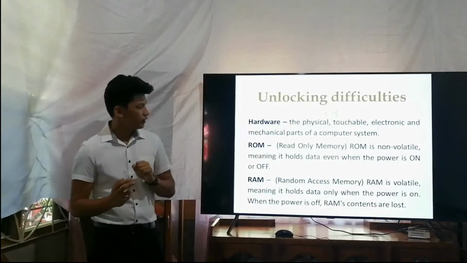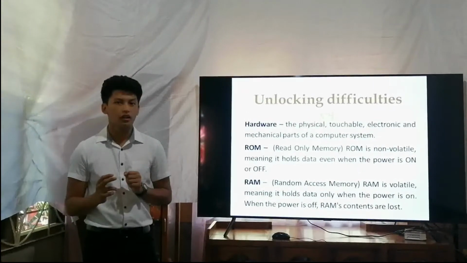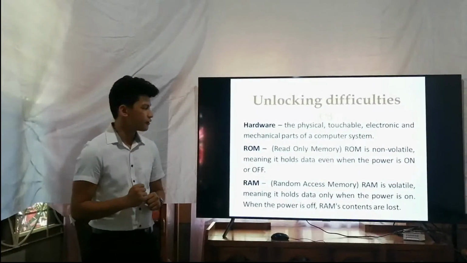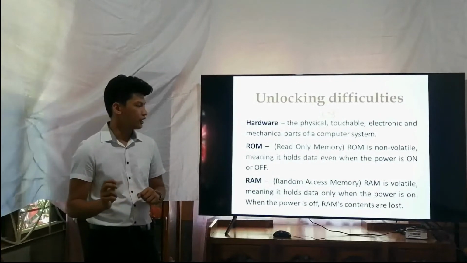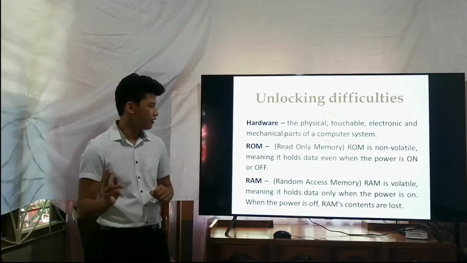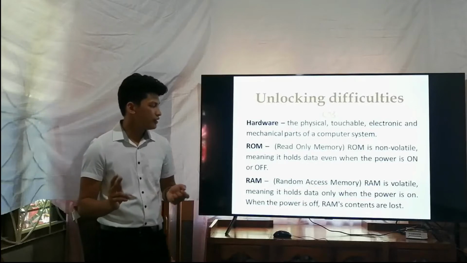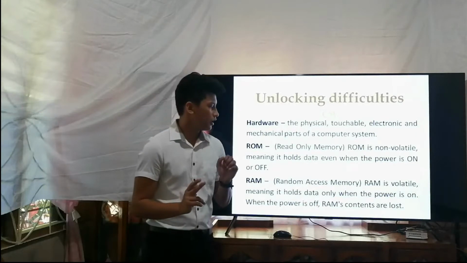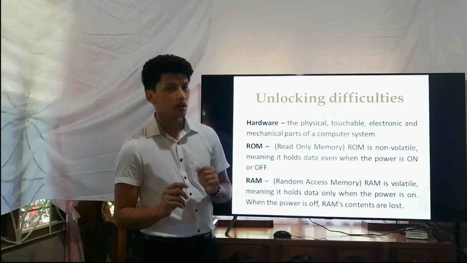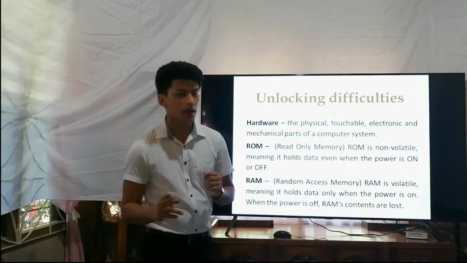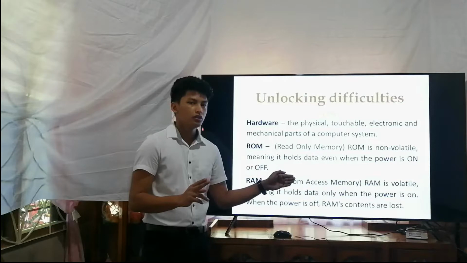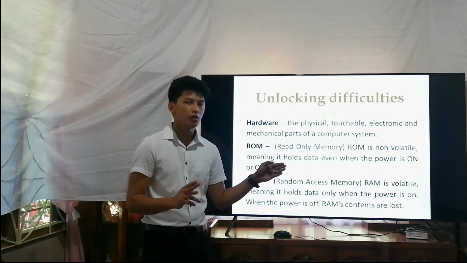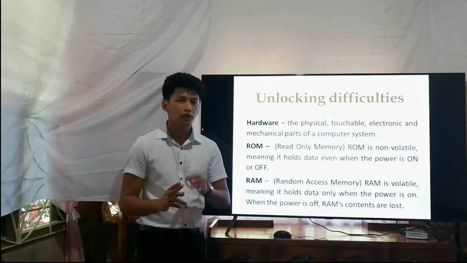The next one is RAM, which is random access memory. RAM is volatile, meaning it holds data only when the power is on. When the power is off, RAM contents are lost. So if you didn't save your files, it will not hold your data when the power is off.